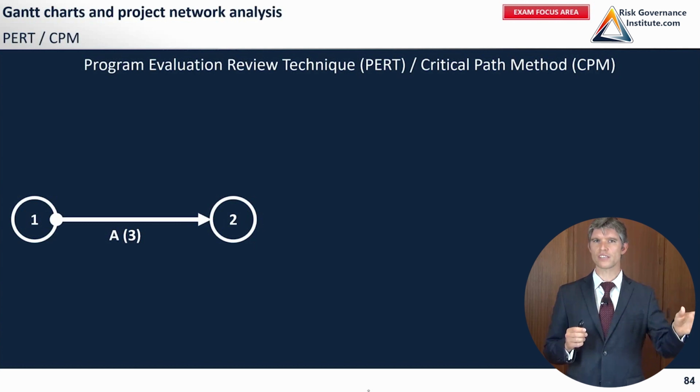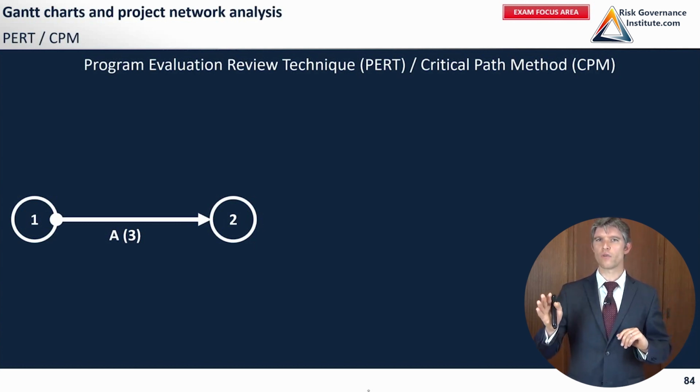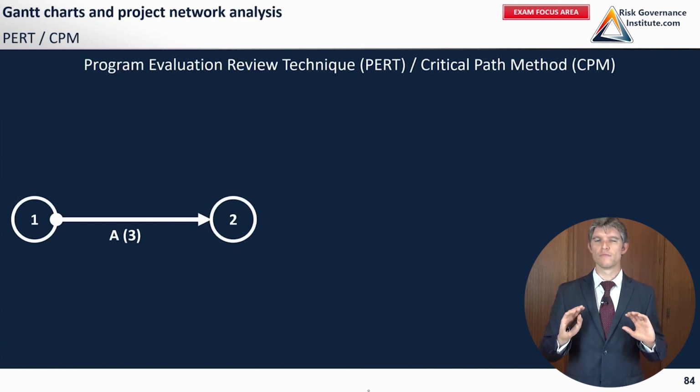Remember, it starts at a certain point 1 and it goes towards a point 2. So 1 and 2 in these examples are simply names. They could be A and B, it's the same thing. A is the name of the duration between point 1 and point 2.